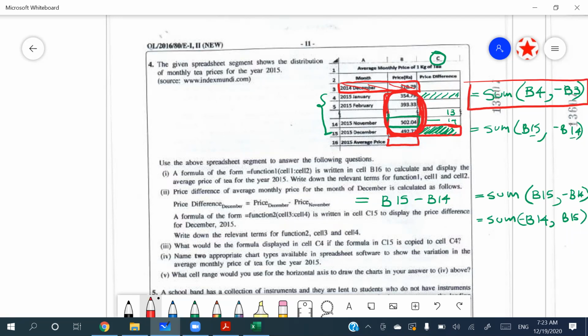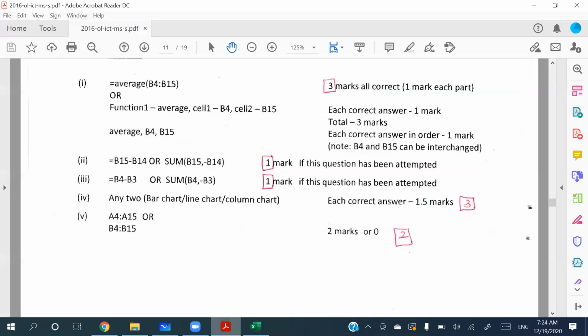Whether it fluctuates, goes up or goes down, we can see properly only with a bar chart or a column chart. And again the line chart can be taken, right? So we are going to tell two of those three which are given in your marking scheme: bar chart, line chart, and column chart.